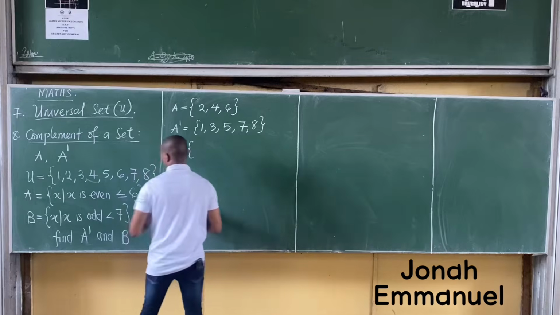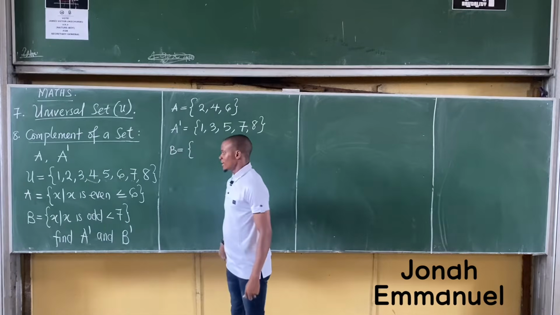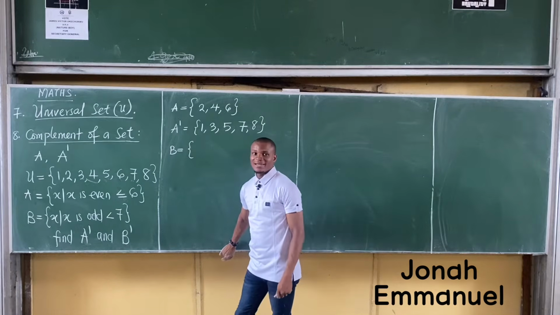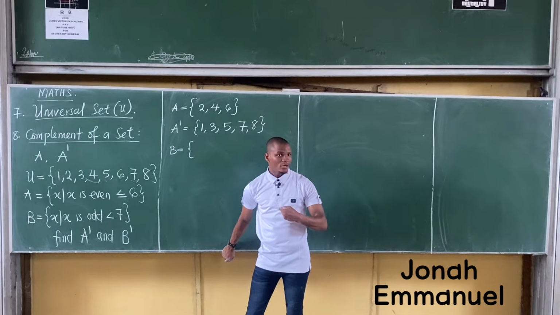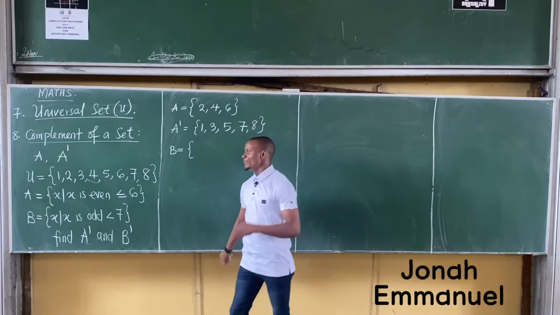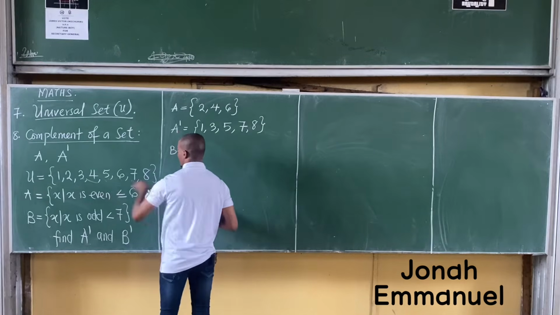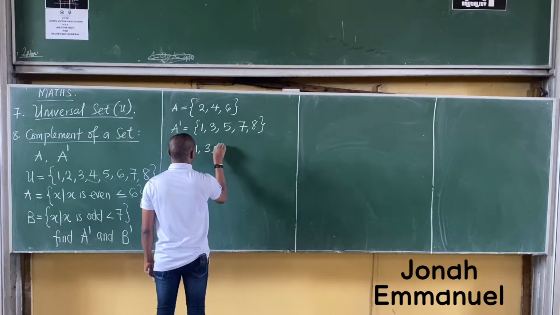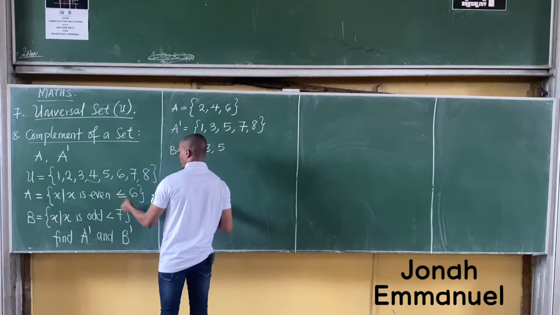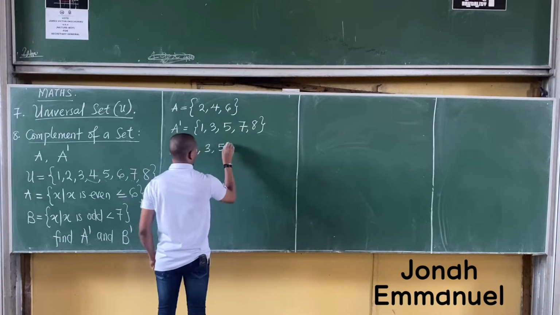Let's get B. For B, they said B is an odd number, and B is less than 7. For less than 7, will I add 7? I won't add 7. So help me list out odd numbers less than 7 from here. 1, 3 and what? I will not add 7 because there's no 'equal to' there.